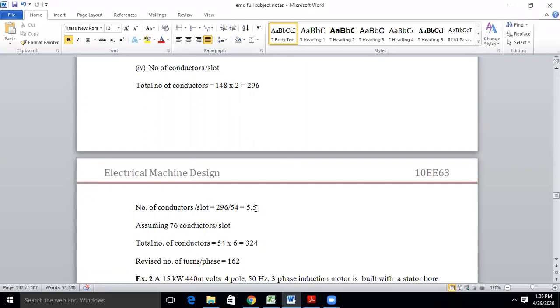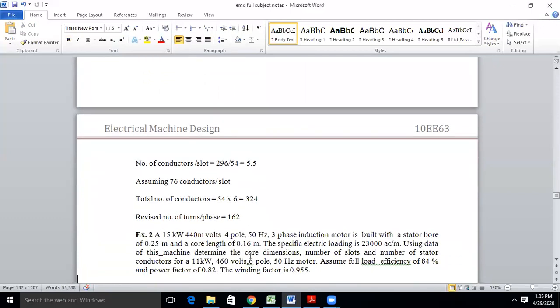So it is 5.5. Now assuming 6 conductors per slot, the total number of conductors will be 54 into 6, which is equal to 324. So now the revised number of turns per phase will be 160. So this is the final value.